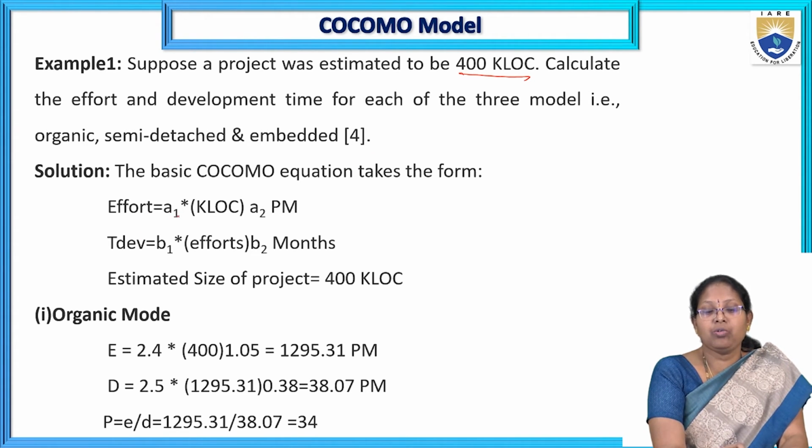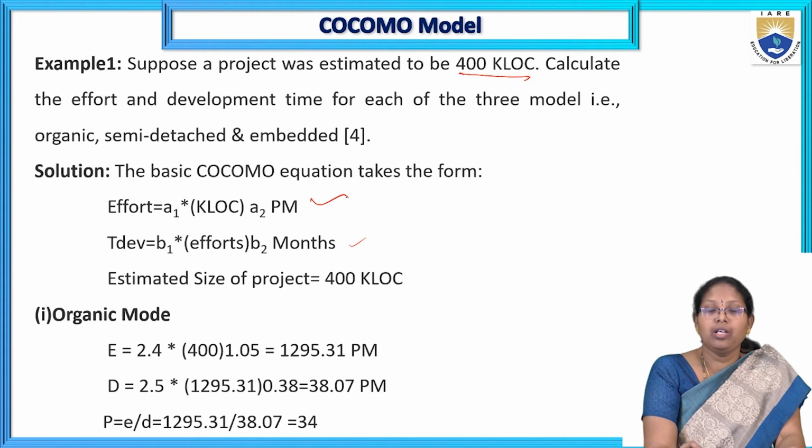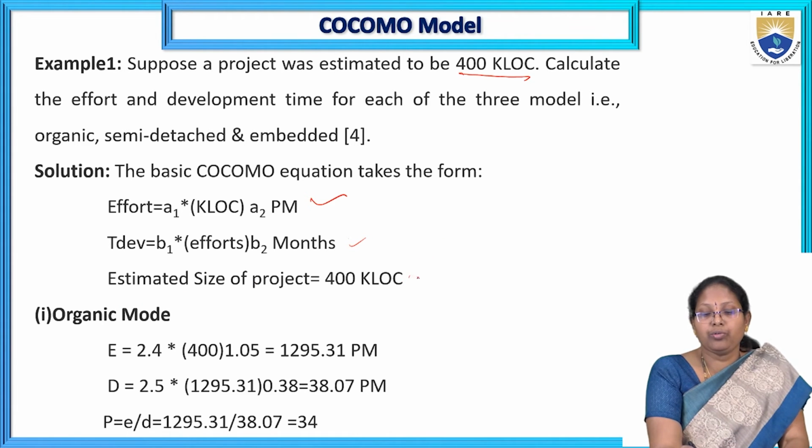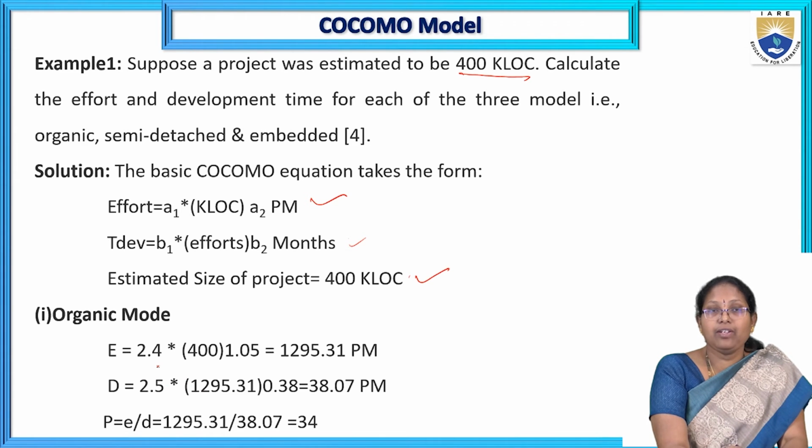So what is the effort? E is equal to A1 into KLOC to the power A2. Development time is in terms of months, and effort is in terms of PM, person-months. The estimated size is 4000 KLOC, organic model. We know the A1 and A2 values from the table.